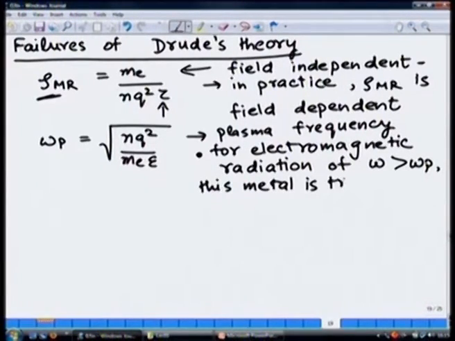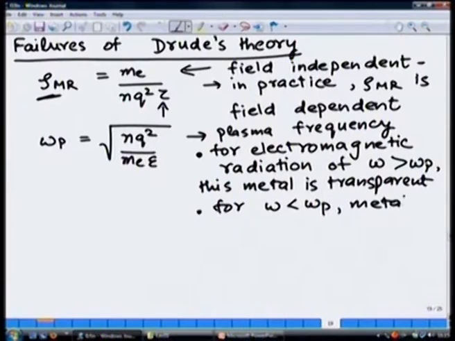For omega less than omega p, the metal is opaque. Meaning that if you have electromagnetic radiation incident on a metal, there is a quantity called the plasma frequency. This radiation will get absorbed in the metal, and it won't go through if the frequency is less than the plasma frequency. If the frequency of the radiation is greater than the plasma frequency, then the radiation will go through. That means the metal will look transparent at that frequency.